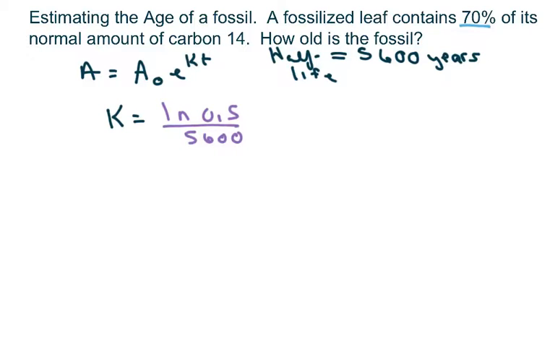We're going to solve for T, because we're looking for time. That's when A equals 70% of my initial amount.